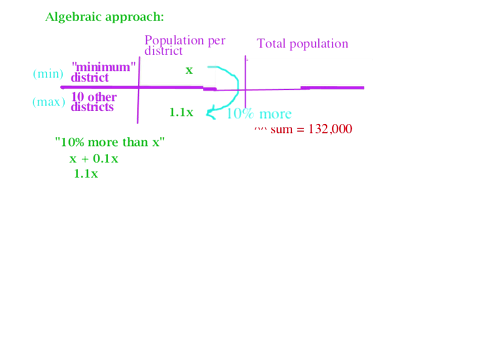And so then you have total populations of respectively x and 10 times 1.1x, which will give you 11x. So the sum is 132,000.